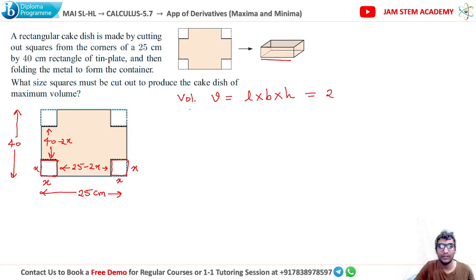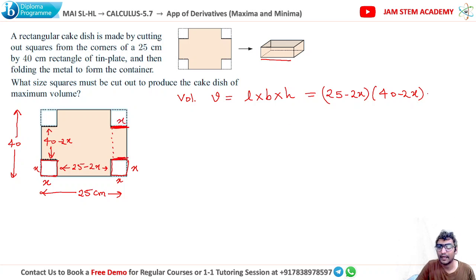Okay, this side will be, if you fold this, you will get 25 minus 2x as the length. And the breadth will be 40 minus 2x. And the height will be same as the square size, right? Because you have to fold it, right? So you are folding along this. So this will be the height, which is x.